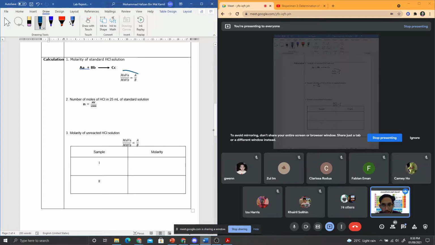Okay, this formula you boleh guna untuk titration. Untuk titration you boleh terus guna formula ni, where M is molarity and V is volume. Okay, and it is equivalent to the stoichiometric coefficient.